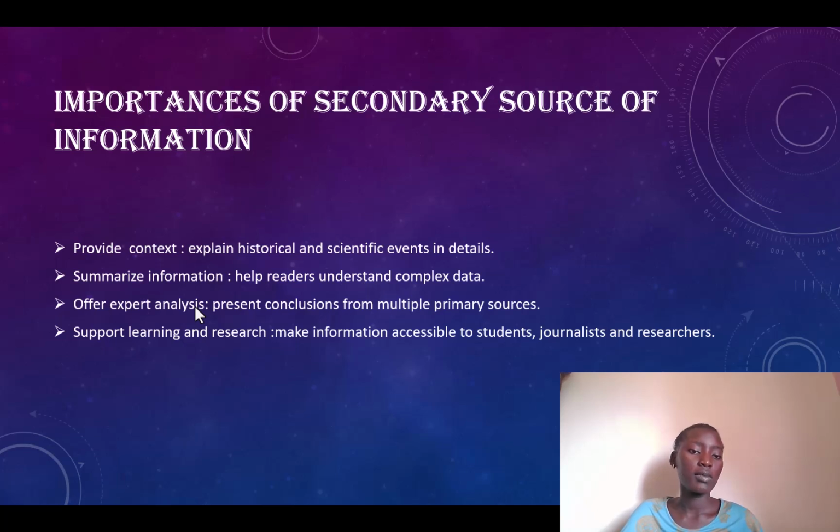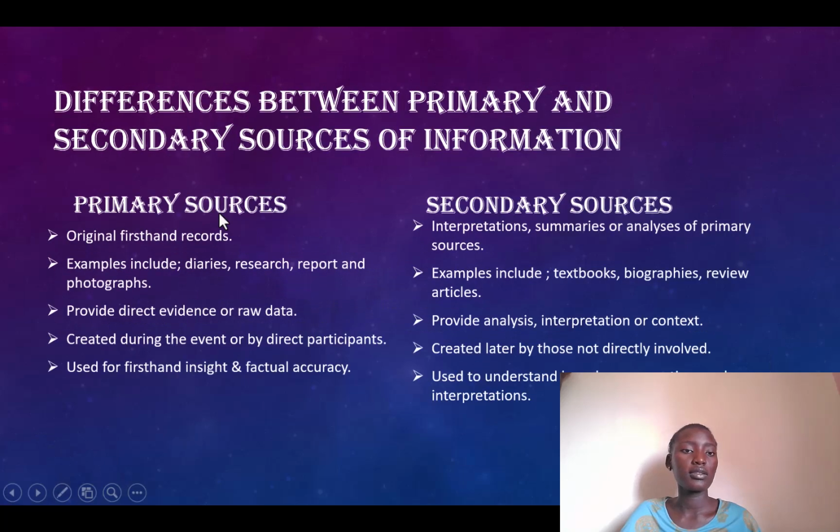And they present conclusions from multiple primary sources. They also support learning and research, making information accessible to students, journalists, and researchers. So those are the different importances of the secondary sources of information.